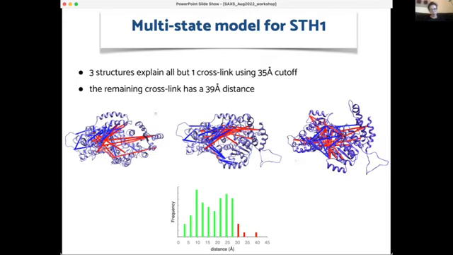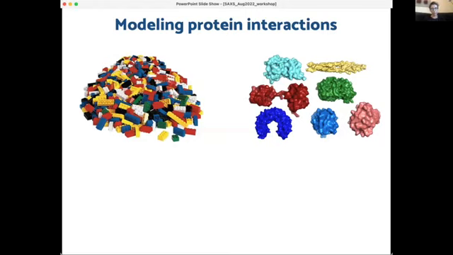But together, those 3 structures satisfy the data very well. And you can see here in this histogram of distances that there is only one crosslink that is beyond 39 angstrom, but the rest is satisfied. So when we have 3 structures, we only require that one of them satisfies the crosslink, and it can be unsatisfied by others. And again, same idea, but different data.